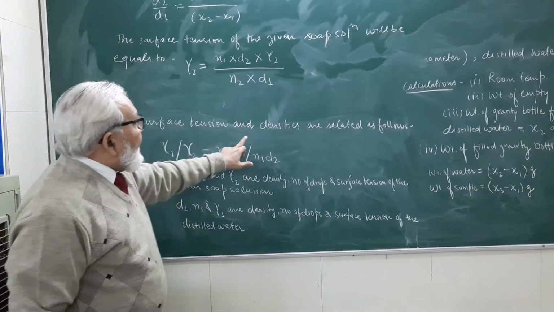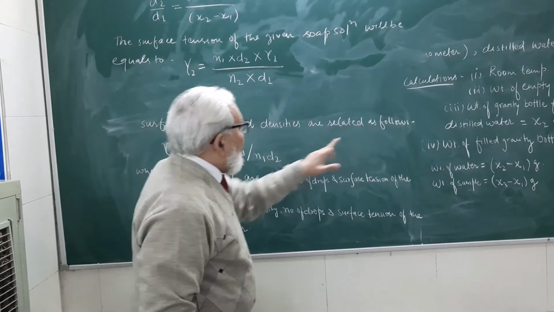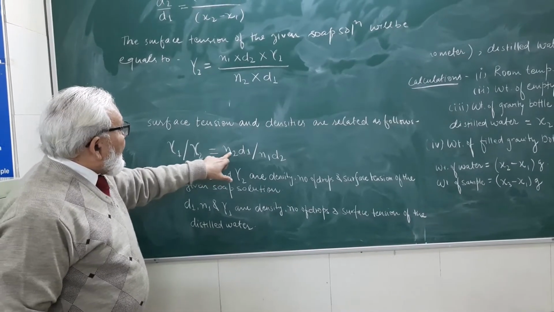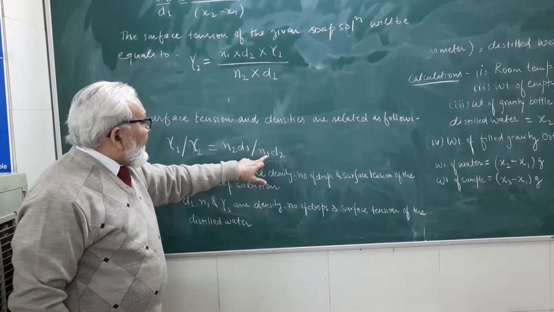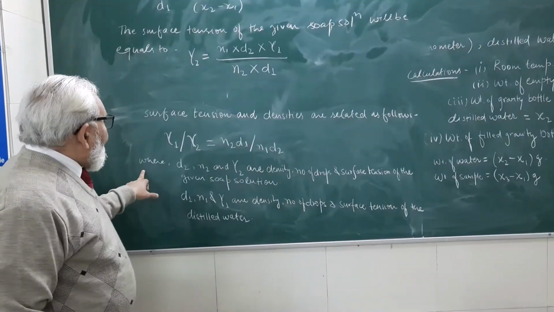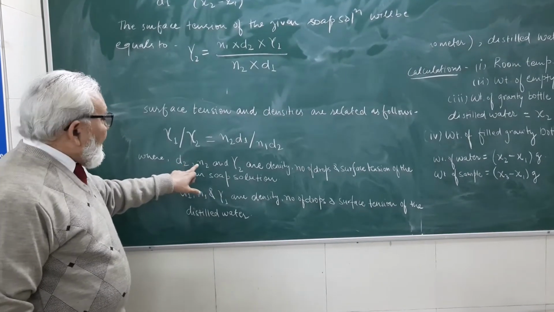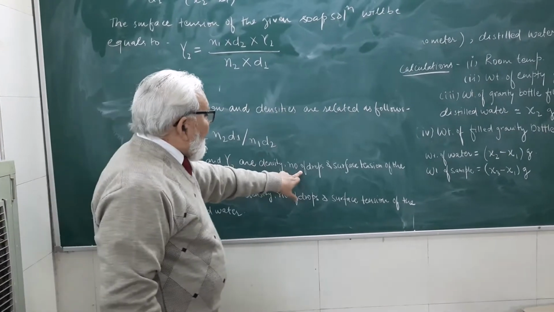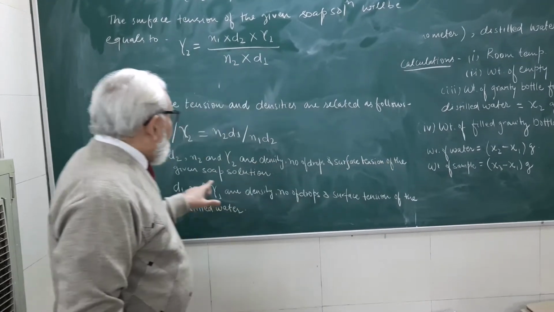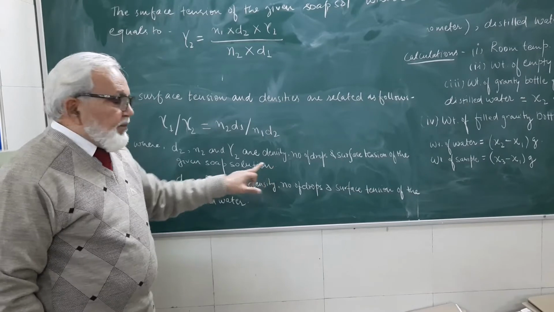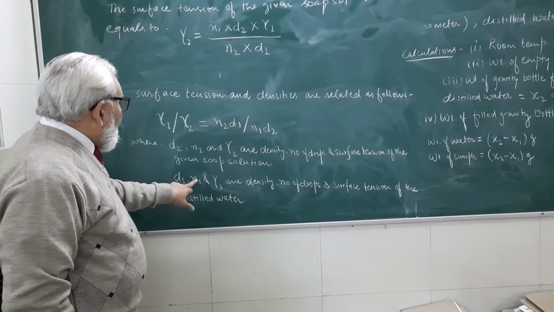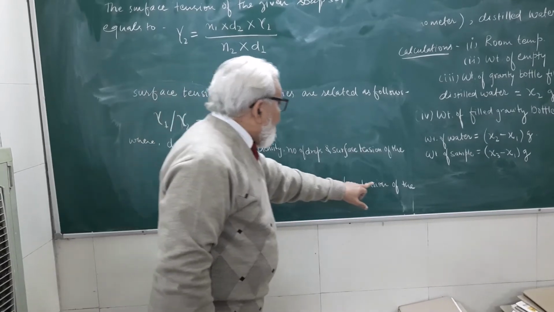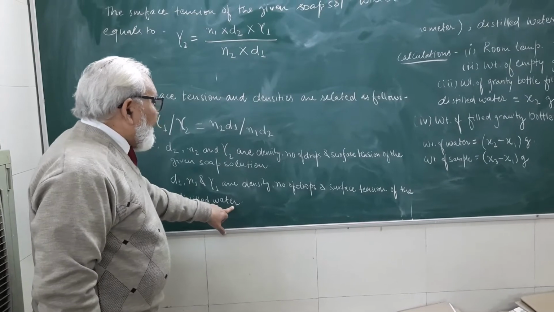Surface tension and densities are related as follows: gamma 1 upon gamma 2 is equal to N2 D1 divided by N1 into D2, where D2, N2 and gamma 2 are the density, number of drops and surface tension of the given soap solution, while D1, N1 and gamma 1 are the density, number of drops and surface tension of the distilled water.